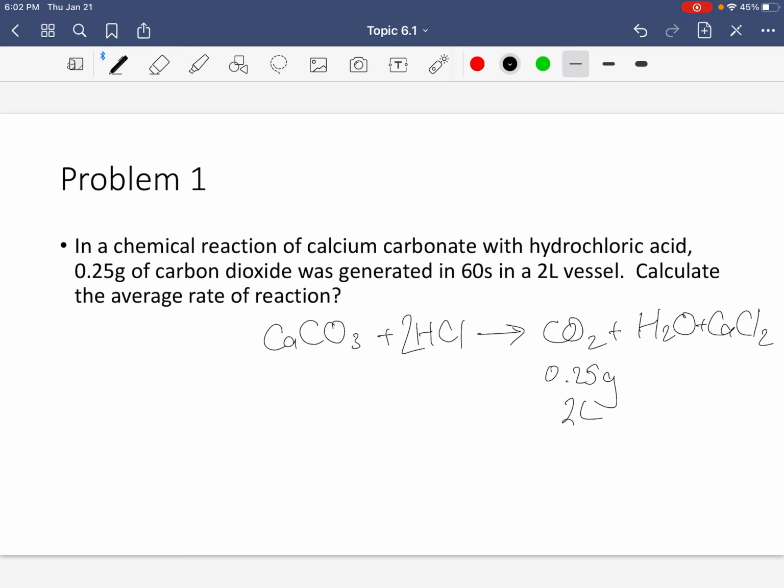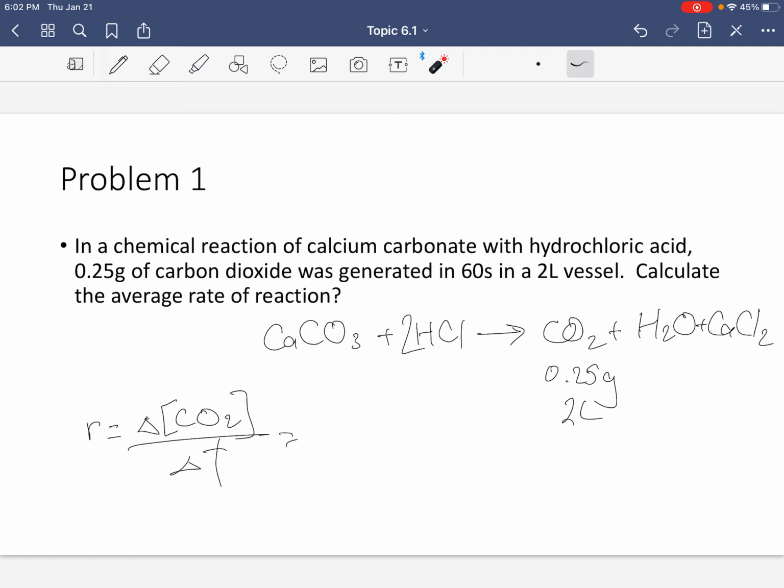Okay, no problem. So the rate here is based on change in concentration of CO2 over time. Okay? Hey, what's the change in concentration? Well, you know for a fact that this reaction started with carbon dioxide being nothing.